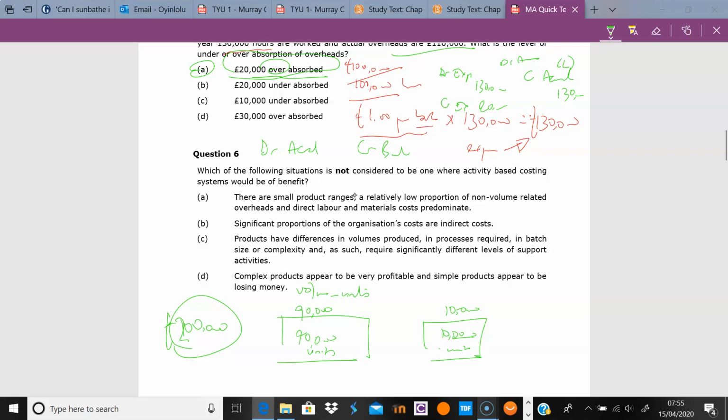Split that up based on the hours involved, and therefore based on the units. There's a total of 100,000 hours, and therefore it's £2 an hour, which is 200,000 over 100,000. Looking at the overhead absorption rate, those are my hours, and then I base that £2 times 90,000, which would give me 180,000 here and 20,000 here, and I just split that.